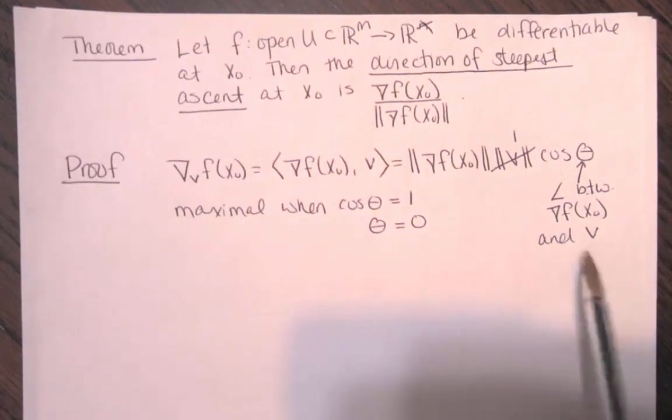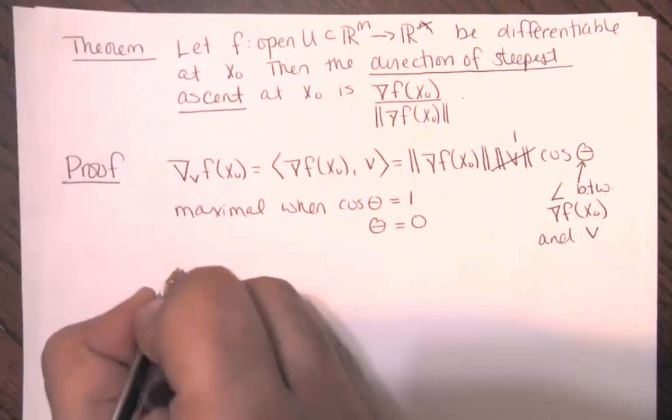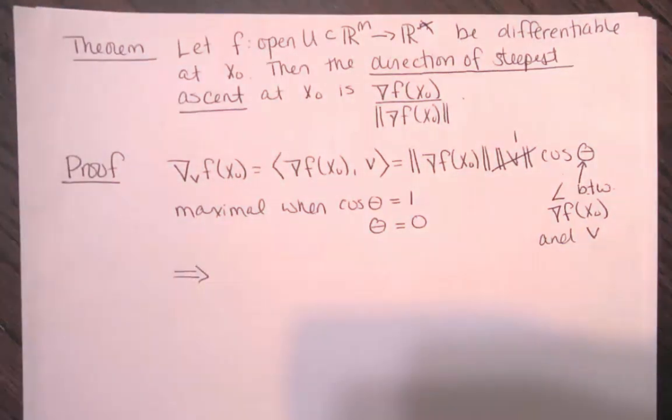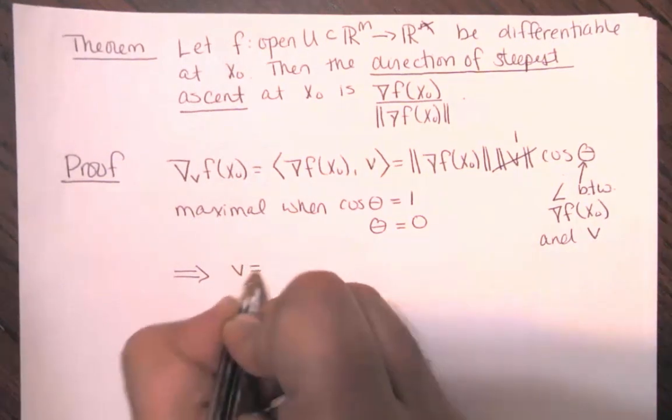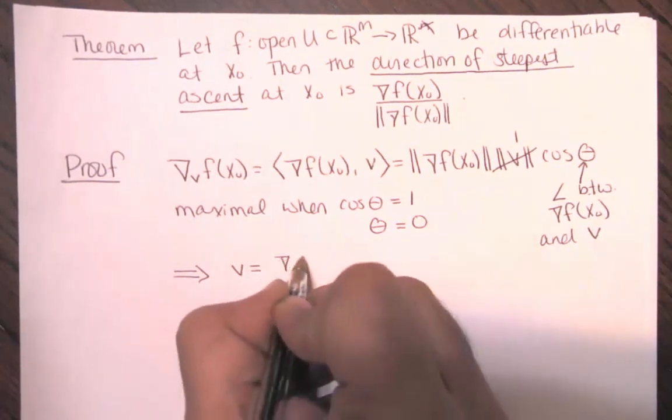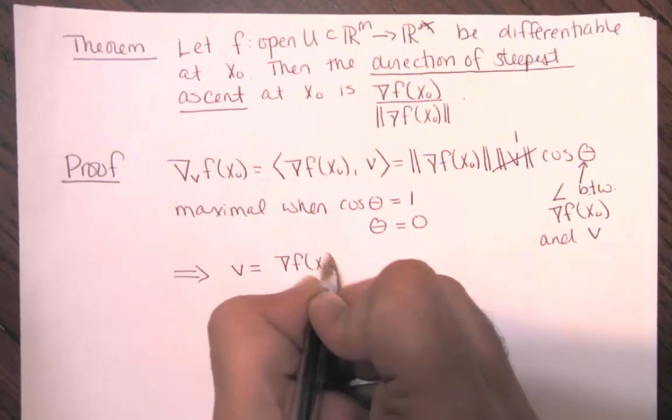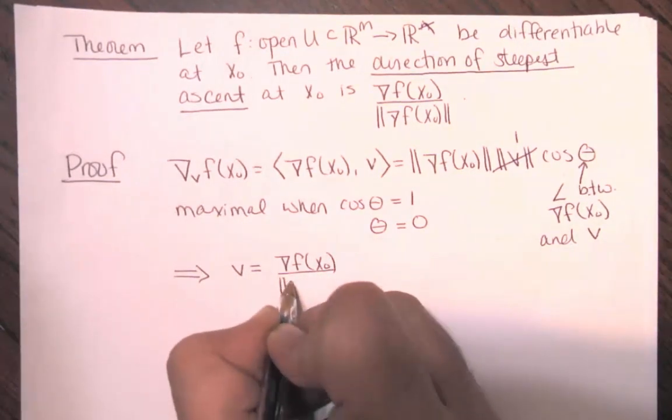So if the angle between v and the gradient is 0, that means v and the gradient point in the same direction. So that implies that v is just the normalization of the gradient.